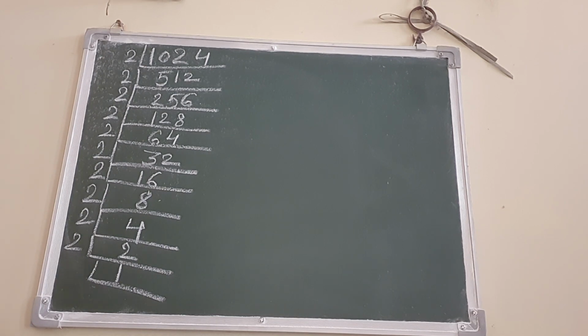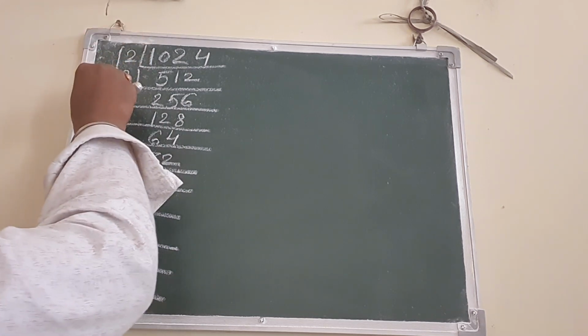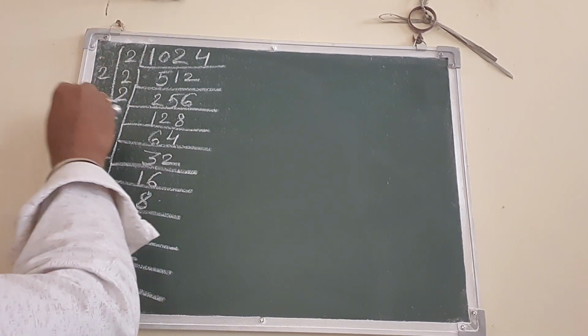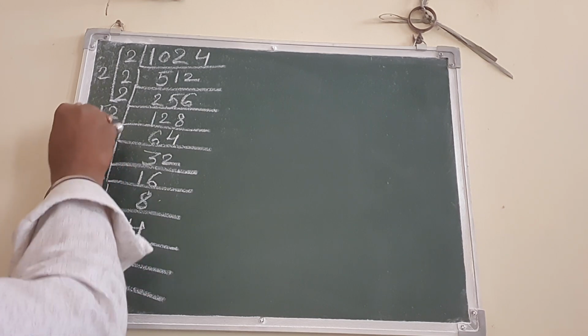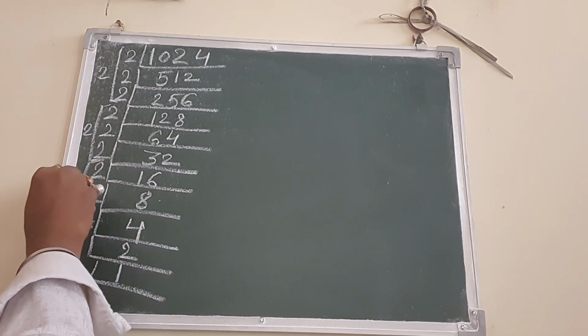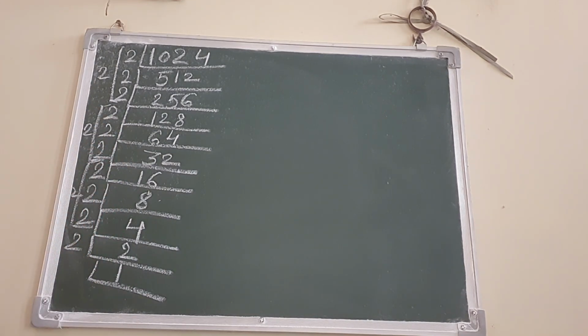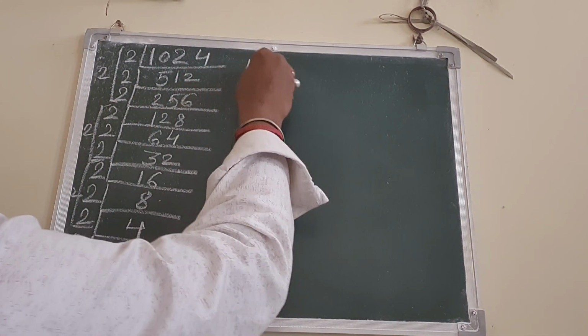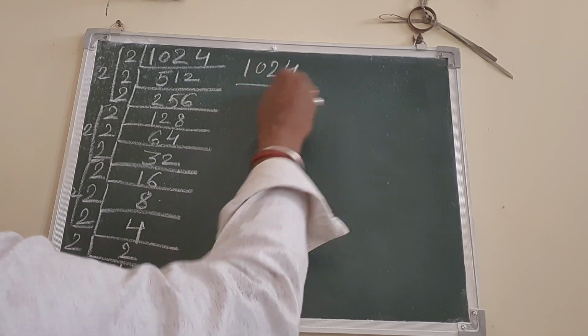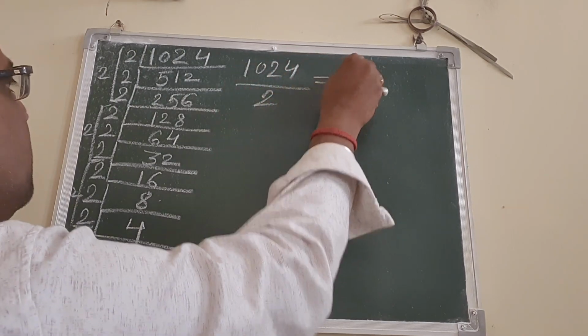So this is our prime factorization. So we'll make groups of 3 of the 2's. This is a group of 3, again a group of 3, again a group of 3. So here a 2 remains, which is not having a group. So this is the smallest number by which if we divide, we will get a perfect cube. So dividing 1024 by 2, it is coming out to be 512.